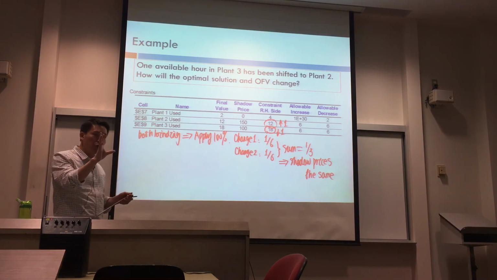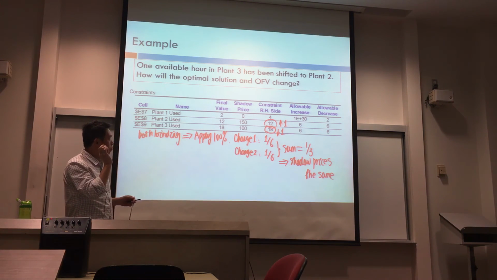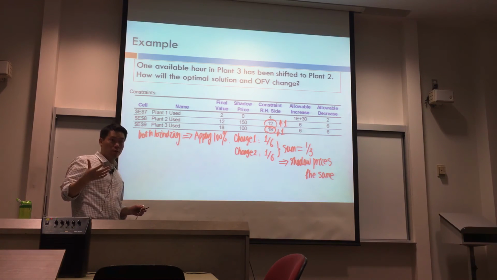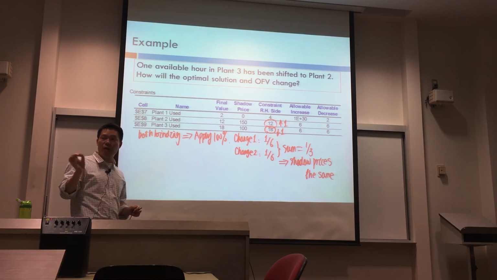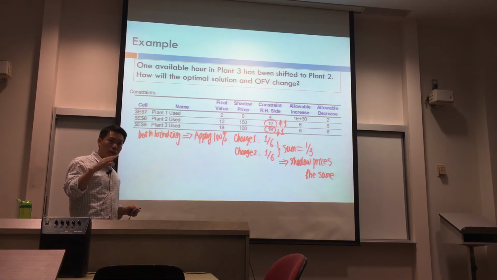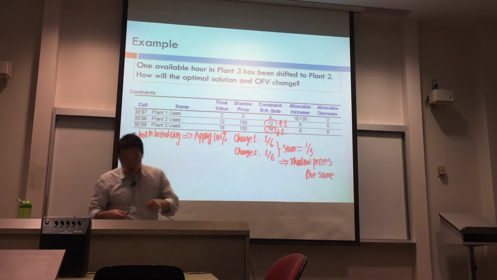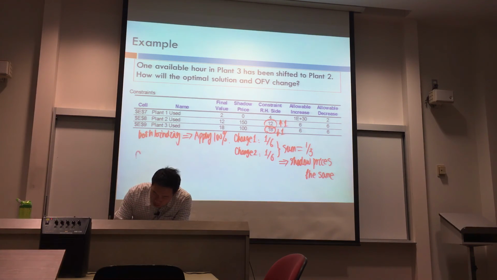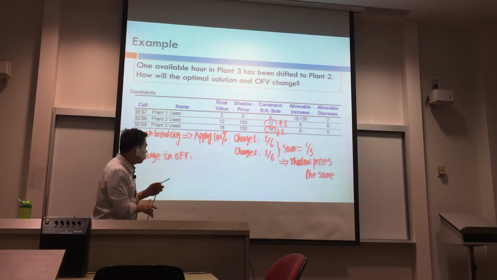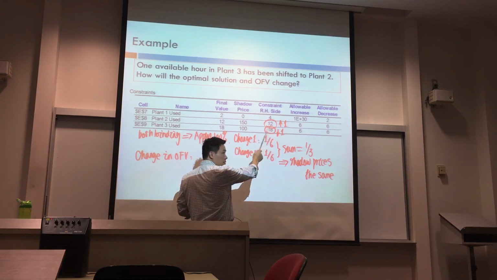So when you have changes to the right-hand side of binding constraints, the optimal solution will always change. The objective function value will change too, but there's a shortcut. We can find out the change in the OFV due to the changes of the right-hand side.